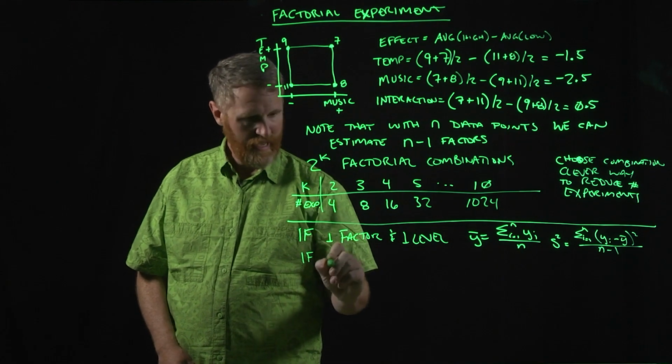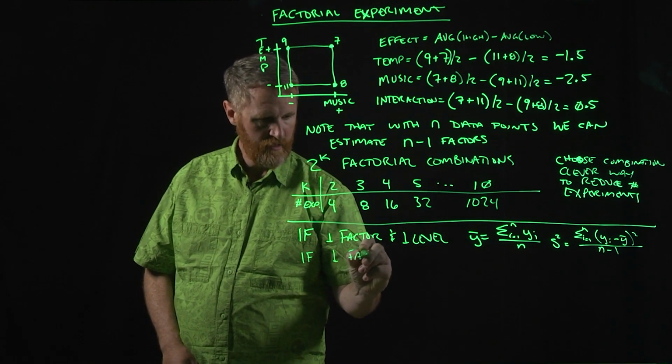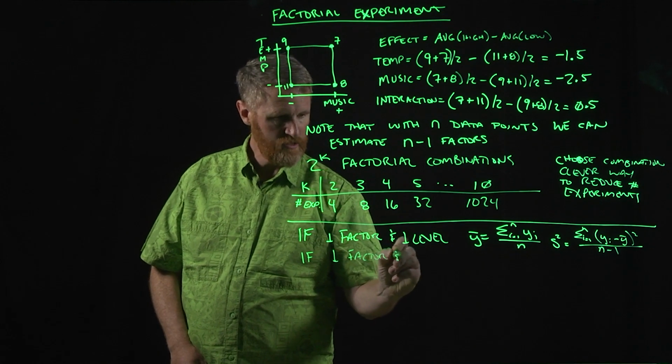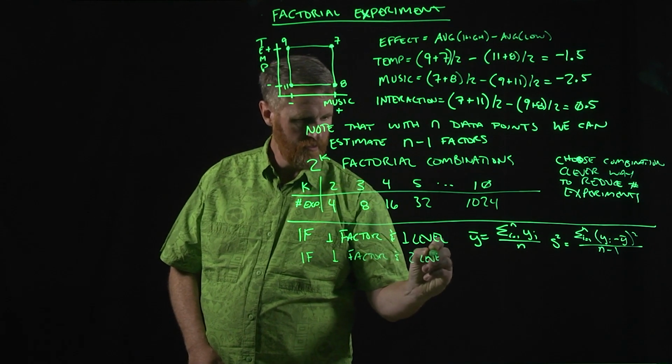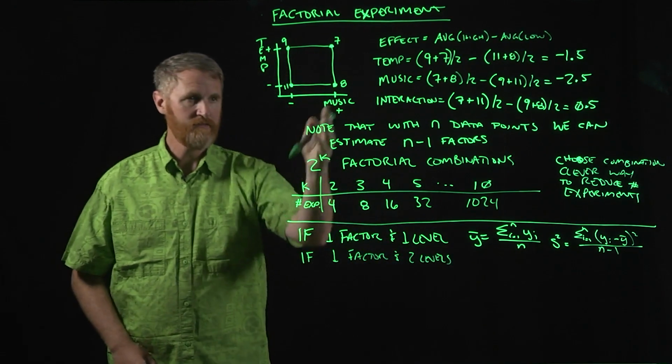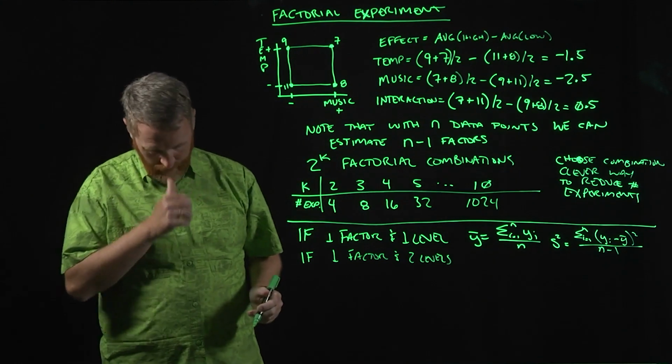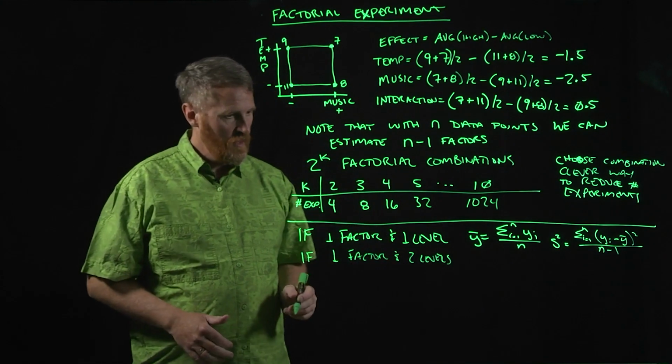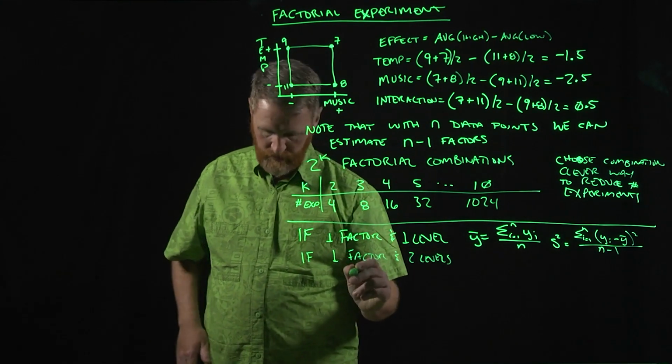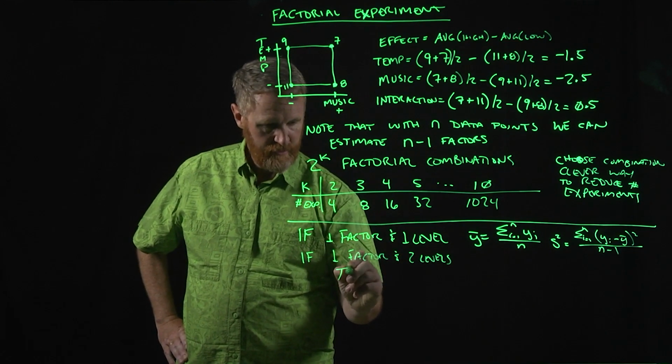If I have one factor and 2 levels, so now I have 2 levels of the variable, what is available for me? Well, now I can do something called a t-test.